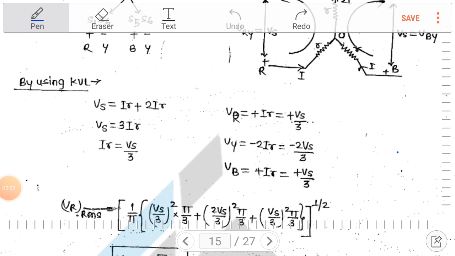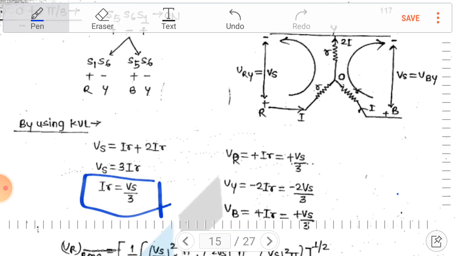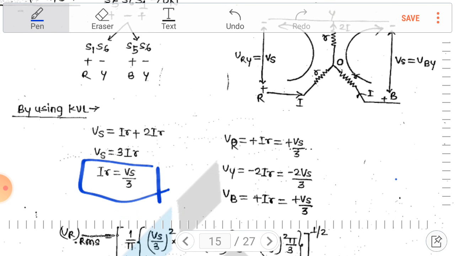By solving the KVL equation at the two loops, we get I into R equal to Vs by 3. By putting I into R in VR, Vb and Vy, VR equal to plus IR, so equal to Vs by 3, Vy equal to minus 2 IR equal to minus 2 Vs by 3, and Vb equal to plus IR equal to plus Vs by 3.